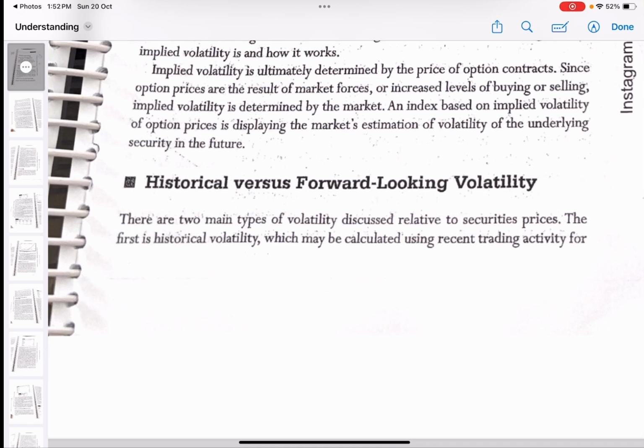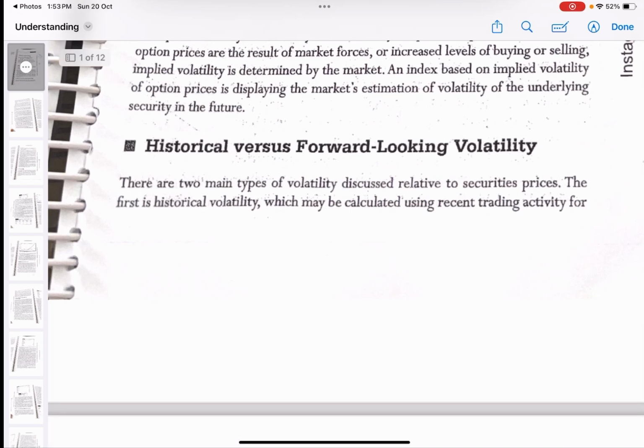So there's an index based on the IV of option prices, displaying the market's estimation of the volatility of the underlying security in the future. So IV basically talks about what kind of volatility the particular asset or underlying can show in the future.